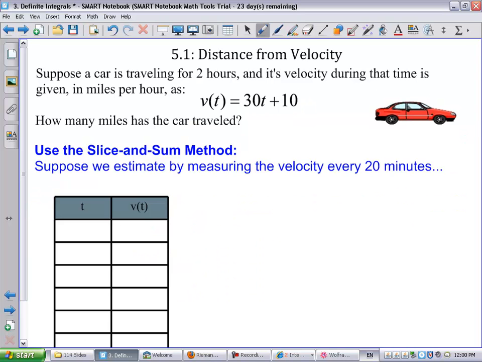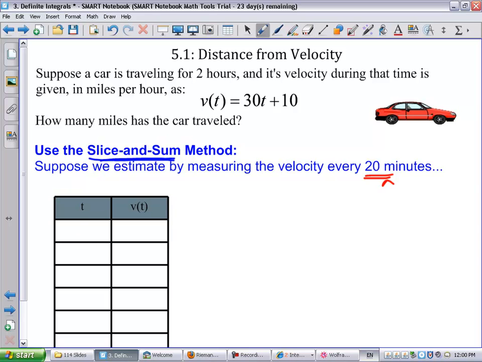So how do we do it? We're going to use the slice and sum method. What we do is we slice it up. So let's say we are going to approximate by pretending it's going at constant speed for 20-minute intervals. The first time we'll measure it is after 20 minutes, and we're in hours, right?